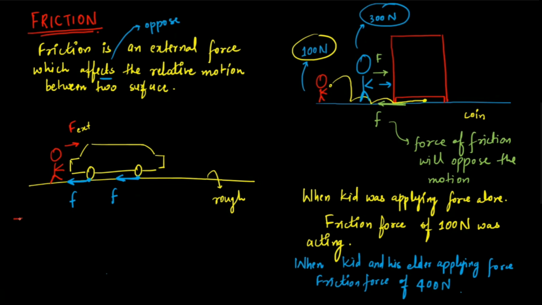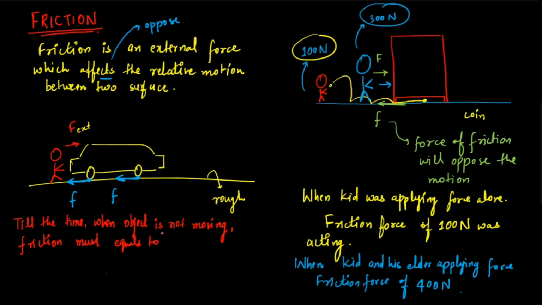So what we need to understand here is that till the time when the object is not moving, friction must be equal to the external force, and it is called static friction.